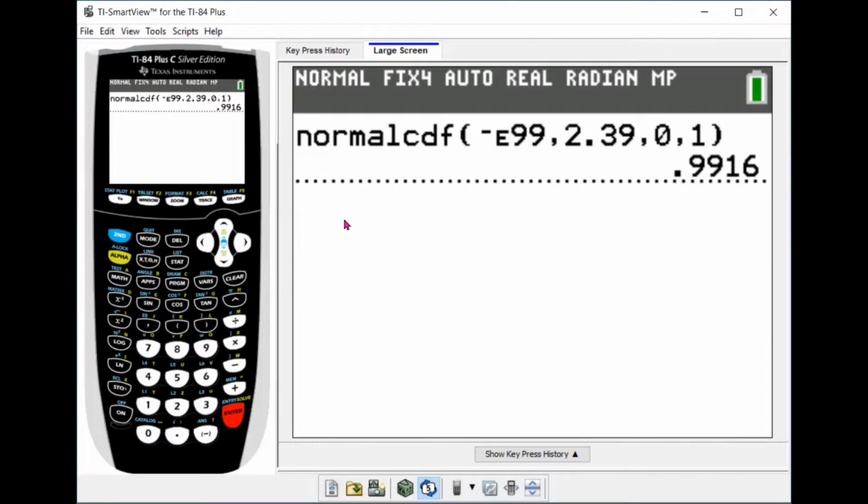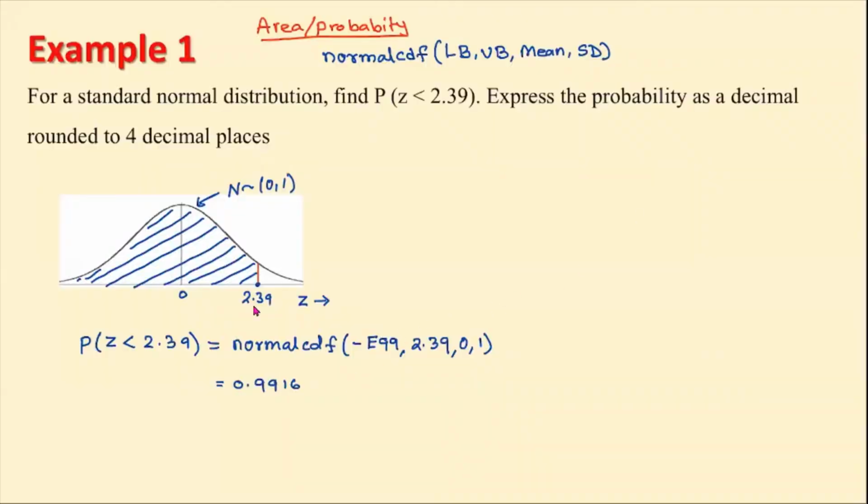Okay, so see, you can look at the writing here or our command in the calculator from negative E99 up to 2.39, mean 0, standard deviation 1, we got 0.9916. So that is the probability that the z-score is less than 2.39. Okay, let's move on to the next example.